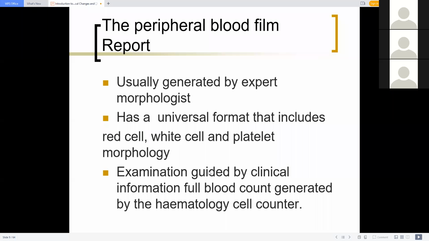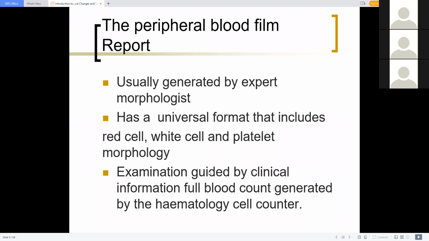If you come to the laboratory at Kenyatta National Hospital, you will find many of us examining peripheral blood films, generating reports that are taken to the hospital for the patients who requested them, and this helps the clinicians evaluate, make diagnoses, or manage their patients in whichever management they're going to do, right?